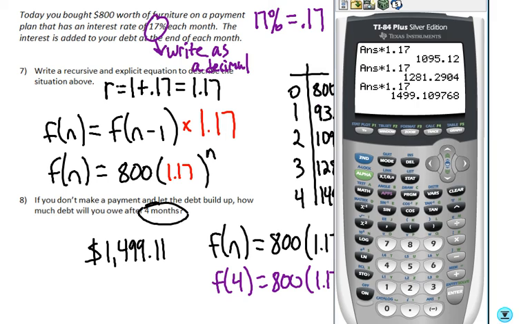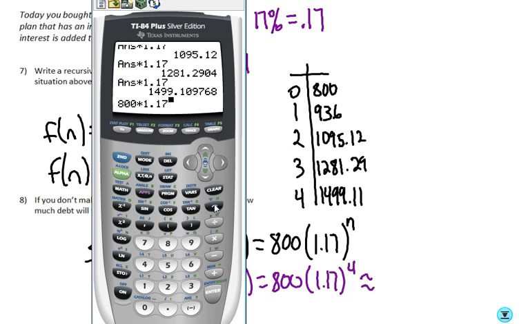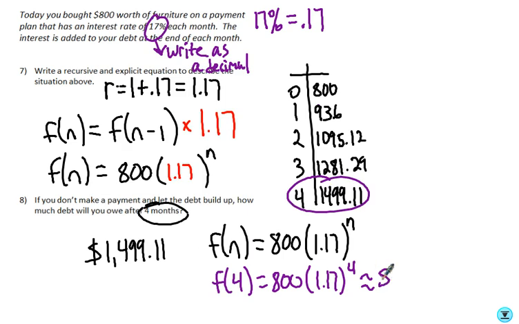So if I type in 800 times 1.17, and then for the exponent, the little raise-the-roof button, to the 4th power, we get $1,499.11, which is the same thing that we got before. So same answer, it's just the shortcut. The shortcut is to write an explicit equation and then just plug in the number you need. Doing the table ends up being a little more work, but either way it works.